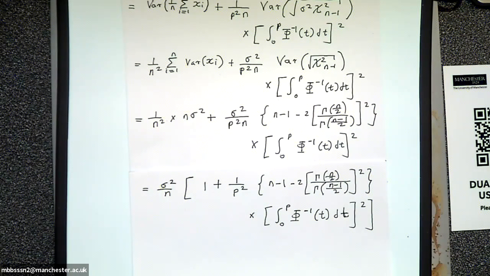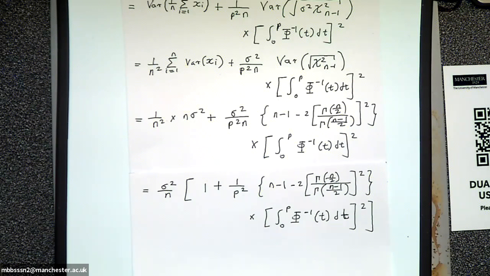But all right, so this is the final form for the variance of the estimator for ES, right?